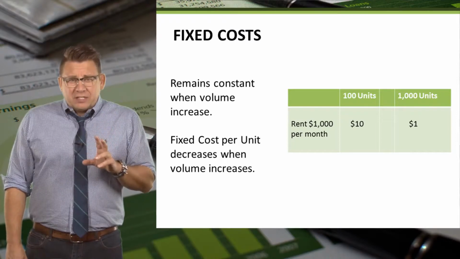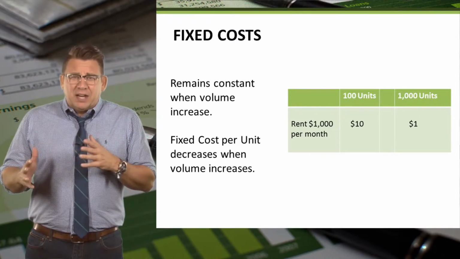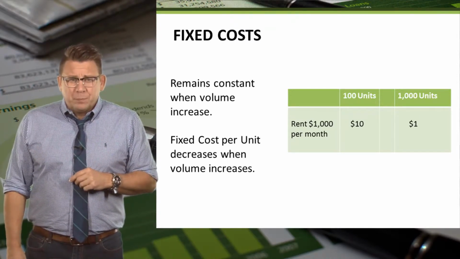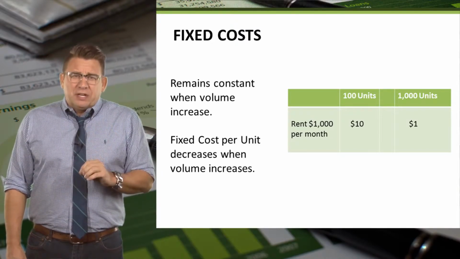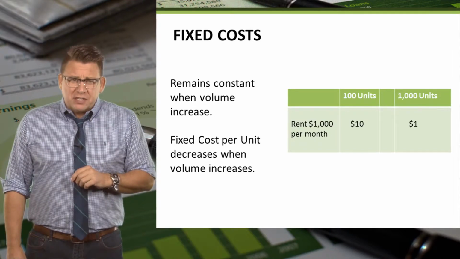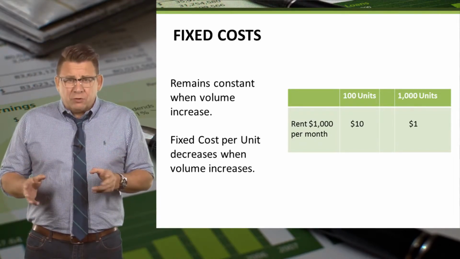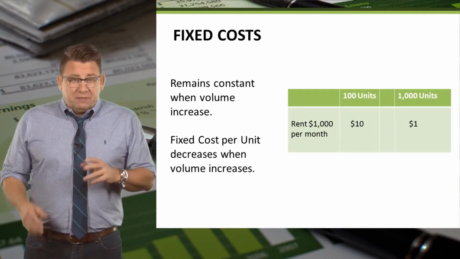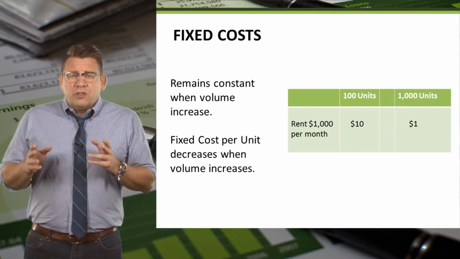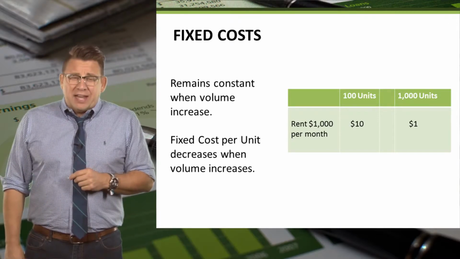This is a fixed cost because it's $1,000 and it doesn't depend on how many hamburgers they sell. But the rent cost per burger decreases as volume increases. If they sell 100 hamburgers, the rent cost per burger is $10. If they sell 1,000 hamburgers, the rent cost per unit is now $1.